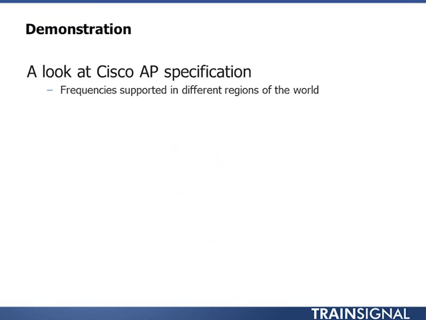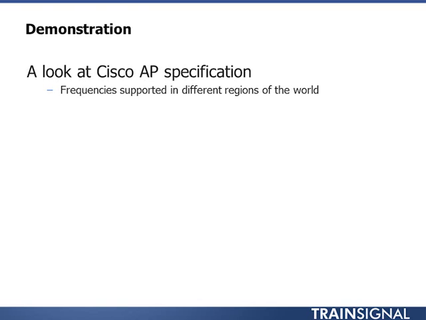Now in this demonstration, what I'm going to do is just pull up some specifications and take a look at them and show you how Cisco define their products to operate at different frequencies around the world. And it's very important to know this, because when you order your Cisco products, you order them to be deployed in certain markets.